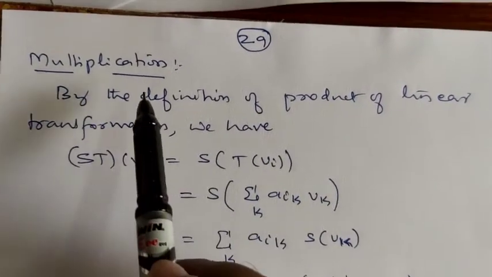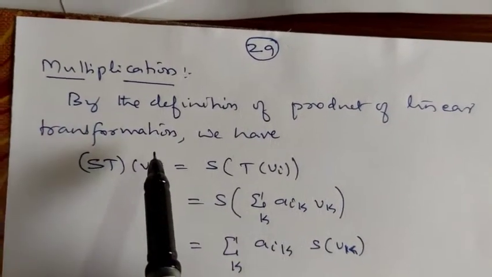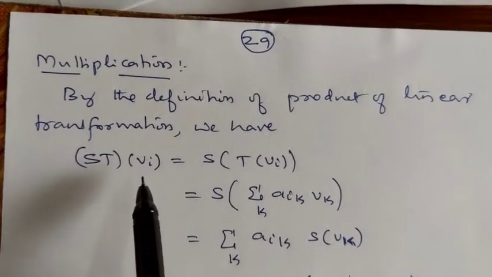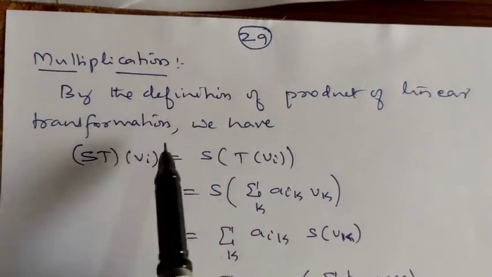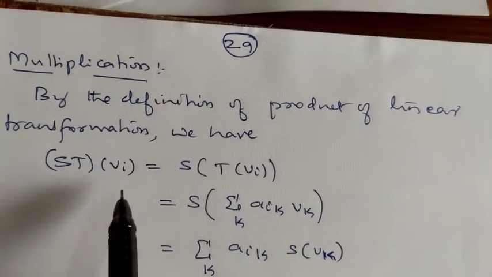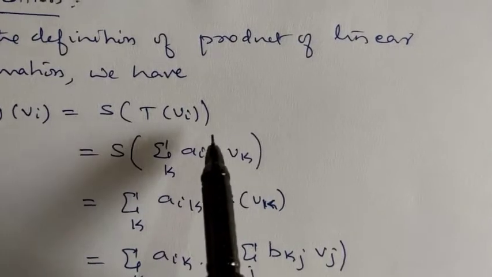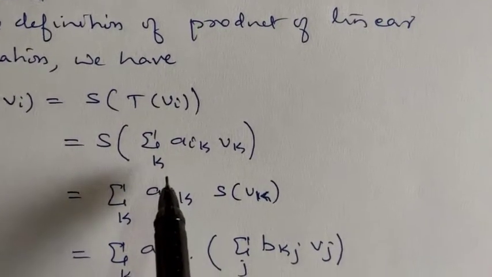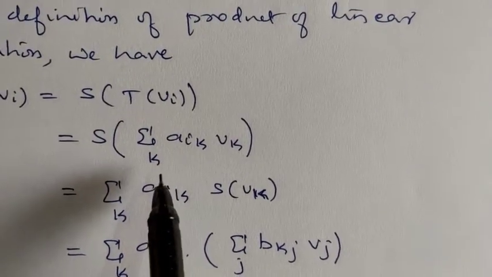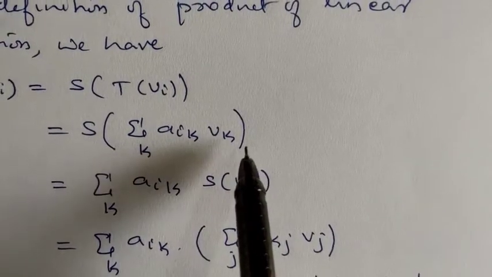So let us define the multiplication operation in Fn. We know that the product of two transformations is S into T of Vi, which is S of T of Vi. T of Vi is summation over k, Aik into Vk.